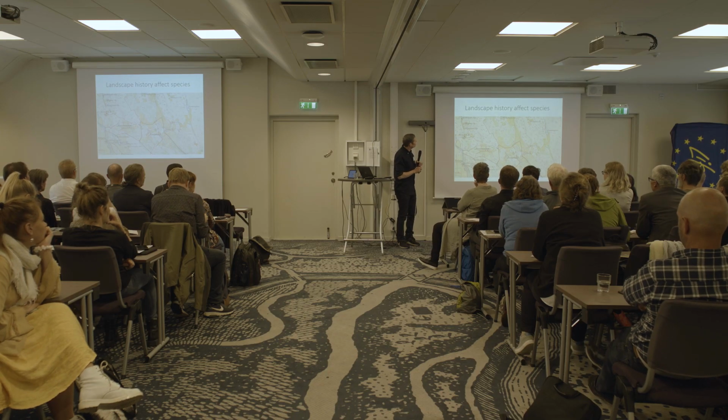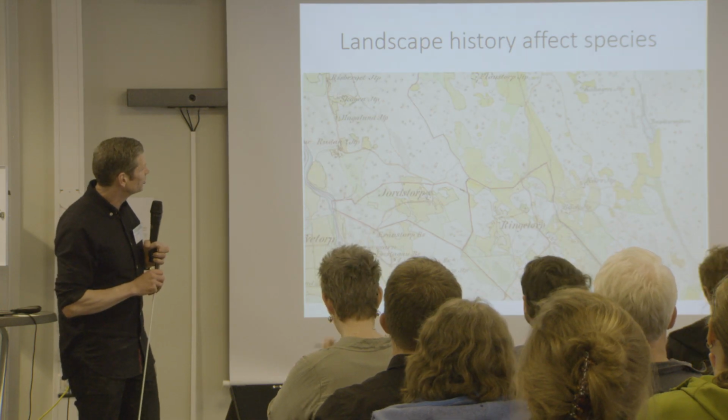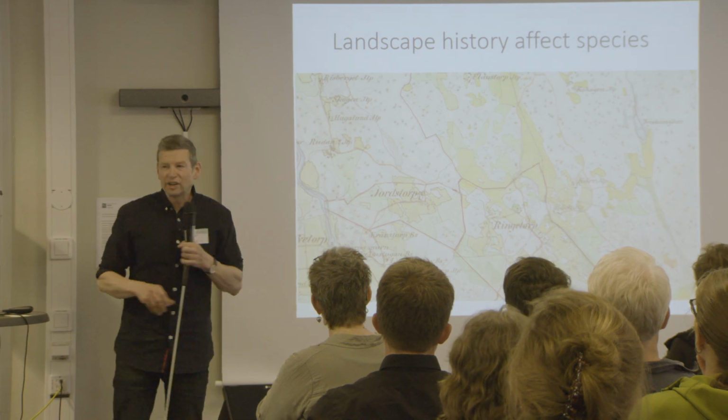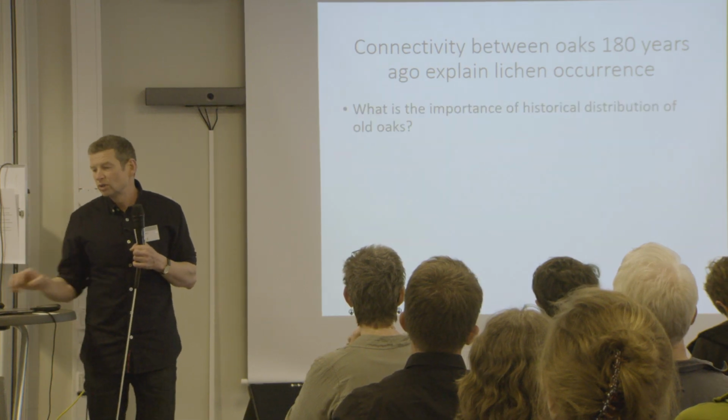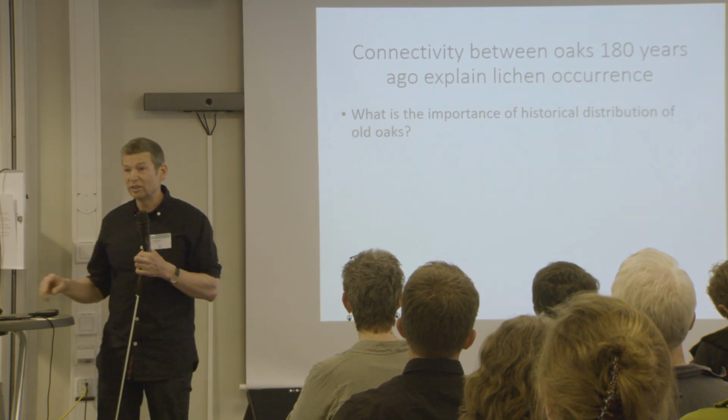Another thing that affects the species is the landscape history also, the recent landscape history. And we have very good maps, and we had oak surveys also, people counting the oaks all over the landscape. And amazing is that connectivity between oaks can explain lichen occurrence better than current distribution of oaks in some areas.